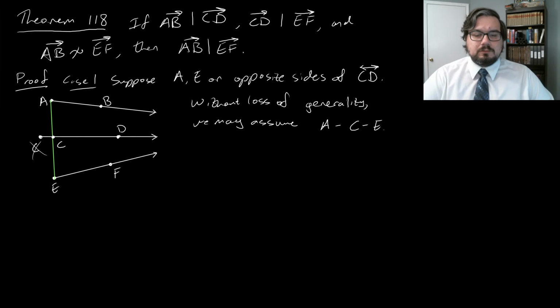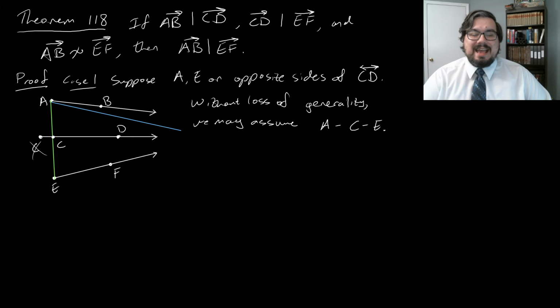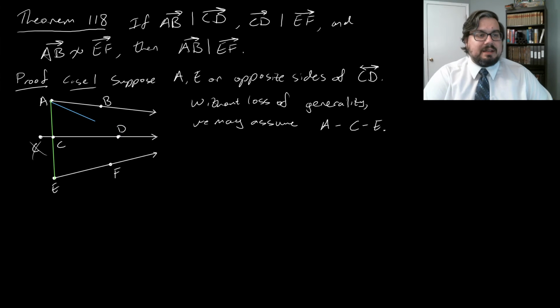Now we want to show that the ray AB is critically parallel to the ray EF, which means that we want to show that if we take any interior ray of the angle EAB, then that has to intersect the ray EF. So let's go ahead and do that.